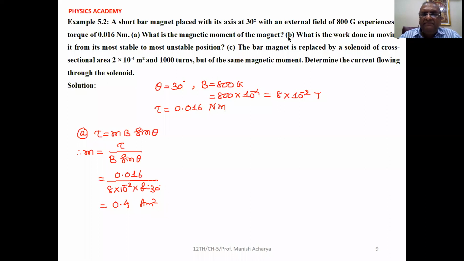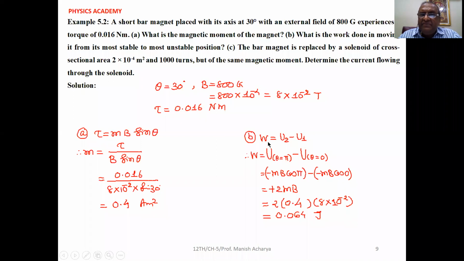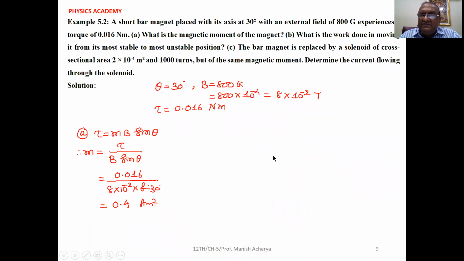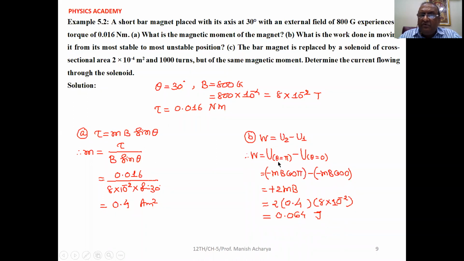Now question B, we have to calculate the work done to rotate it from most stable to most unstable position. So see, W is the change in energy, U2 minus U1. So W is U for theta equal to pi, that is the most unstable final position, minus U for theta equal to 0, that is the initial position, the most stable one.